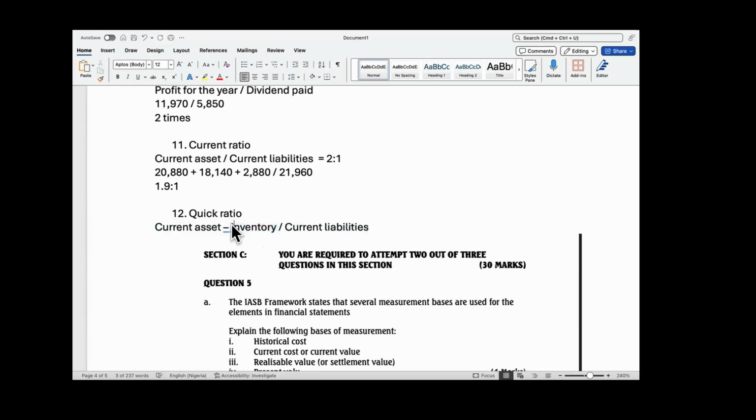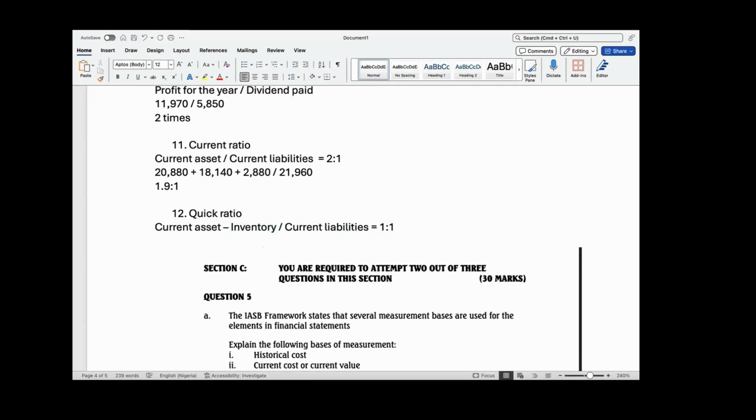Because we believe inventory might not be easily liquid, might not be easily convertible to cash. So let's remove it and see whatever we have left. Can we easily use it to settle our liabilities? Usually a 1-to-1 ratio seems okay.